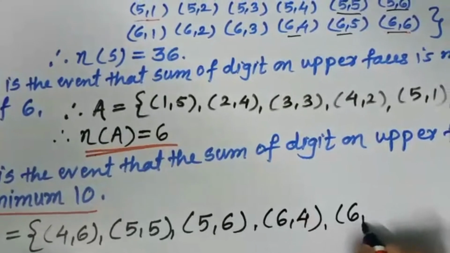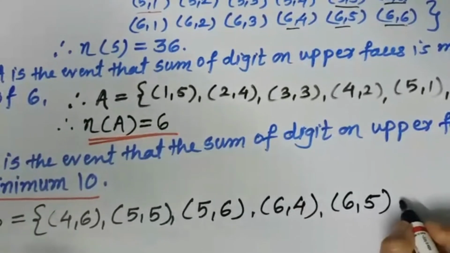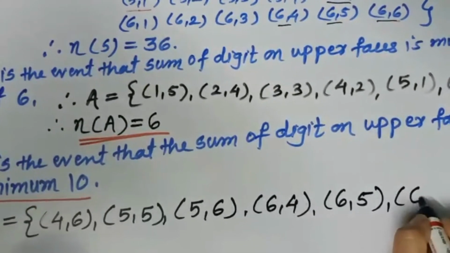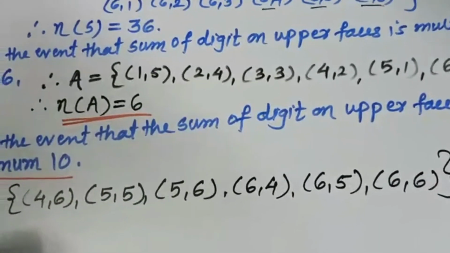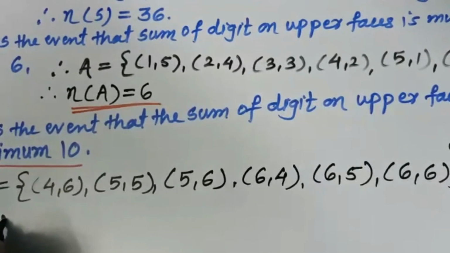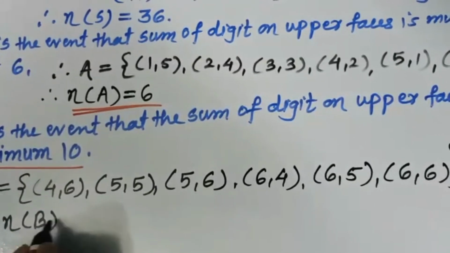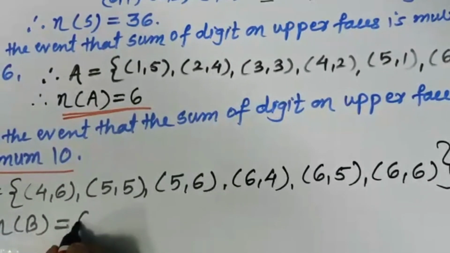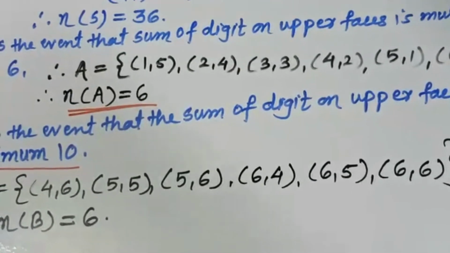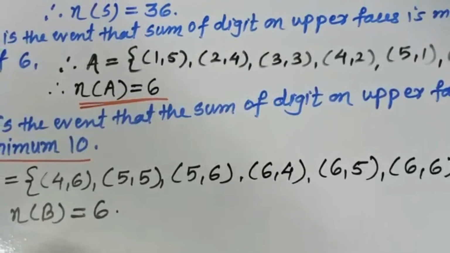Then 6 plus 5, 11. And 6 plus 6, 12. So how many total points are there in B event? So write n of B is equal to 1, 2, 3, 4, 5 and 6. So total 6 points are there in that B event.